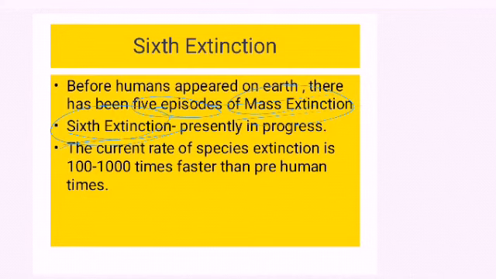The current rate of species extinction is 100 to 1000 times faster than the pre-human period. Before we were there, in the five episodes, extinction was taking place slowly, not that fast. But after humans came, extinction is taking place at a faster rate. That is the sixth phase of extinction. We call it the sixth extinction, and it is 100 to 1000 times faster.